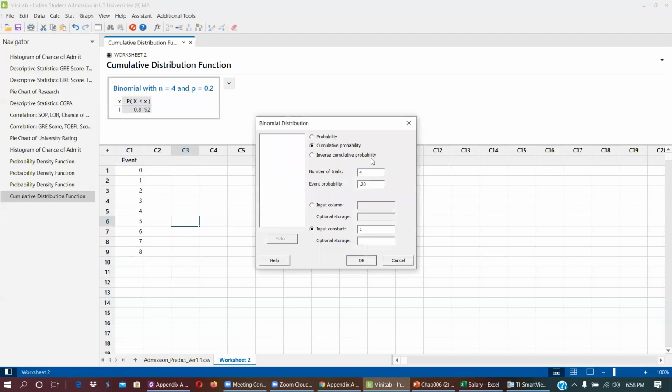Where's binomial? So for number of trials, let's see, I would put here 8. Event probability is 0.2. Input column, instead of constant, I'm going to put input column, which is right here. Output storage, I can do it in C2 also, meaning all the results, but I don't want to do it in C2.